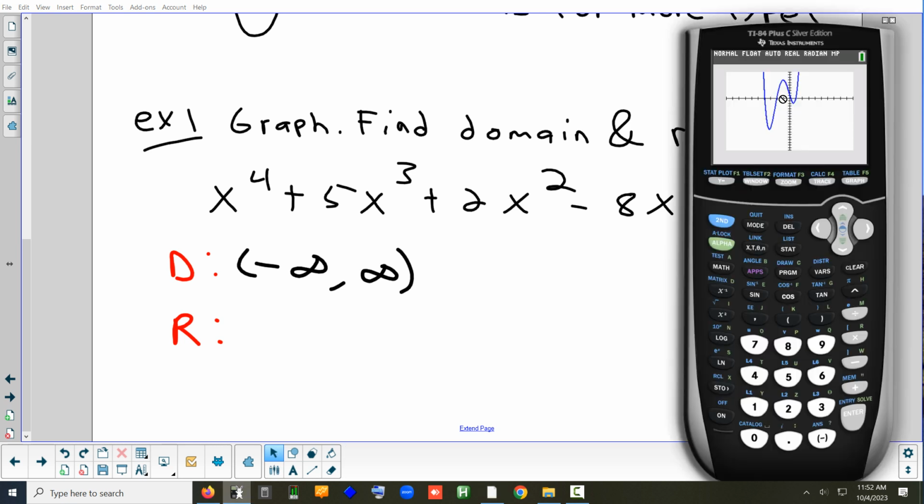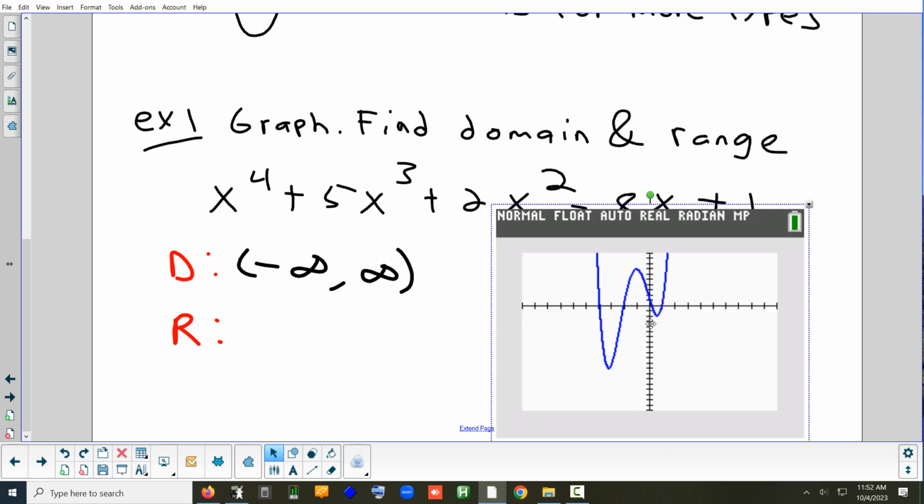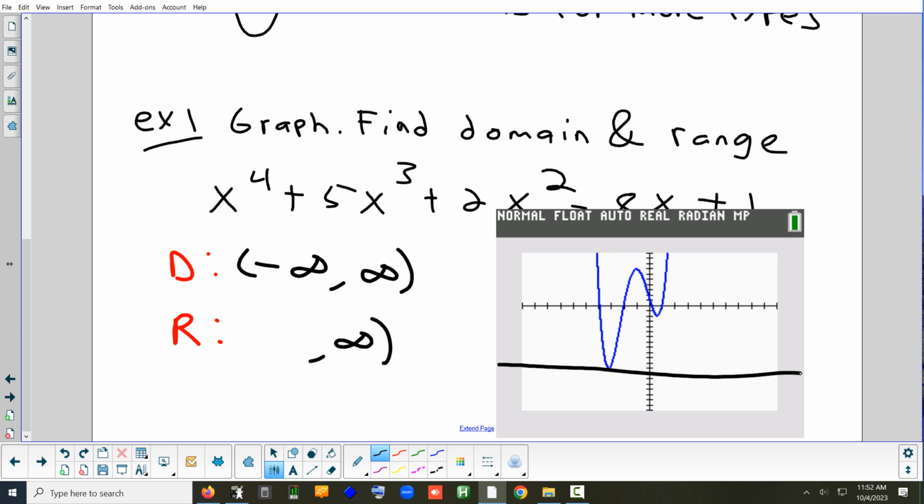Let's start with the highest. What's the highest that this graph is going to go? Infinity. Infinity, yeah. It's never going to stop going up. Now, there's a lowest that it goes, and the lowest it goes is right there. I need to figure out where that is.